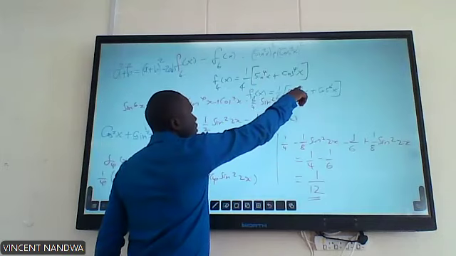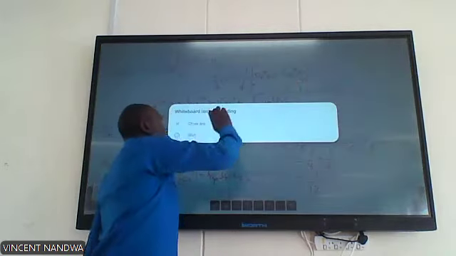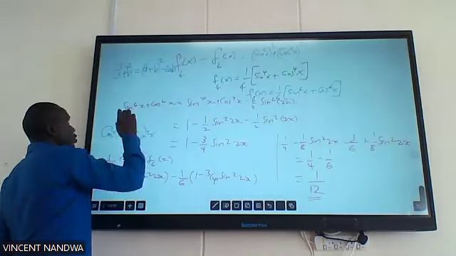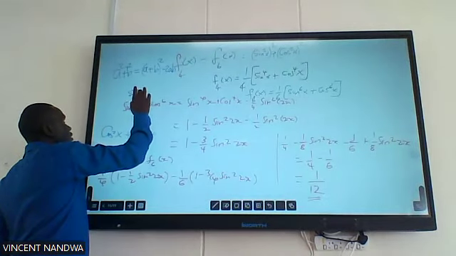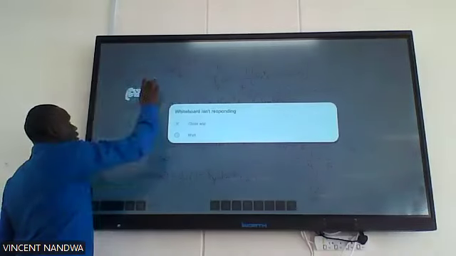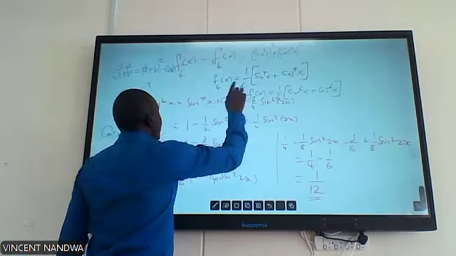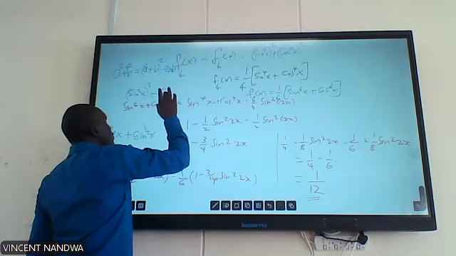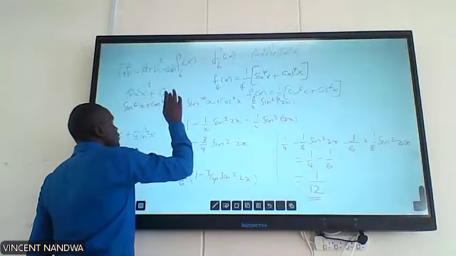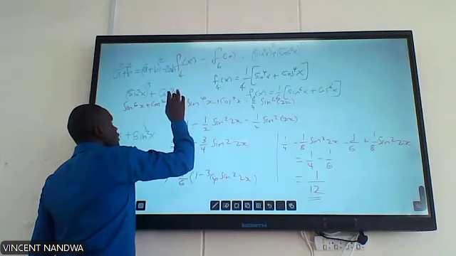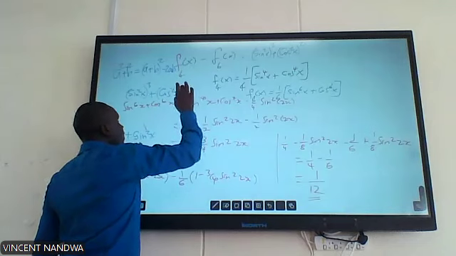Similarly here, this is sine x power 6, which can be written as sine squared x all power 3, and then the other one will be cos squared x power 3.